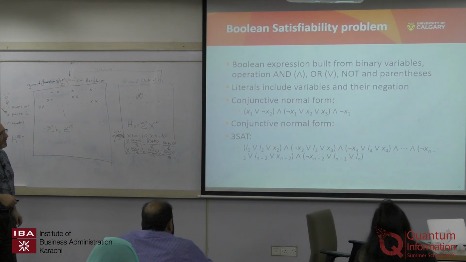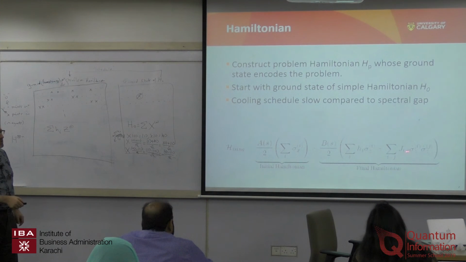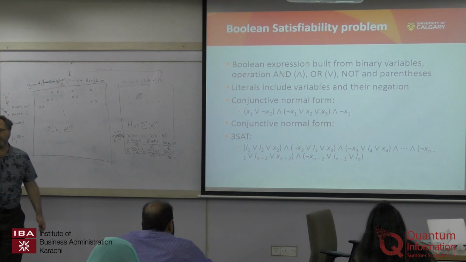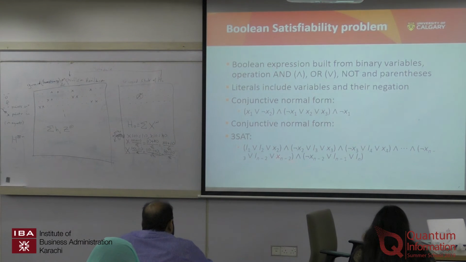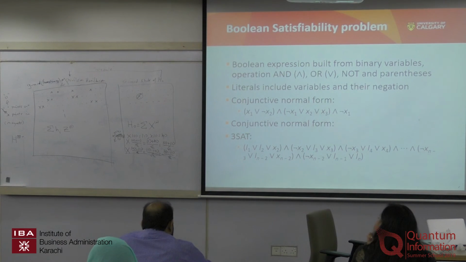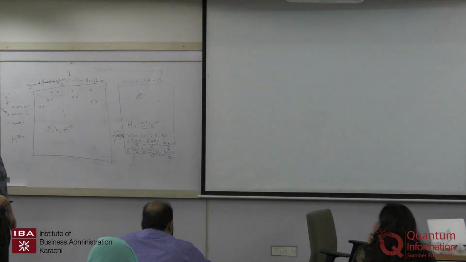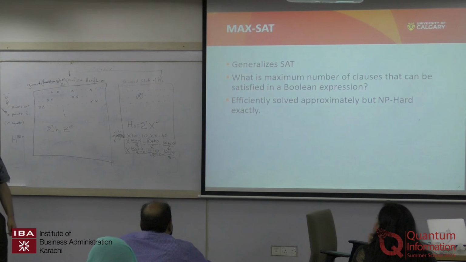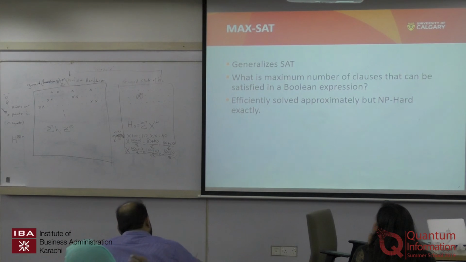The analogy with these coefficients is, imagine that you could put a coefficient in front so that some clauses are more important than others. If you could vary the weight of the clause, that becomes a weighted SAT problem. But in between, it turns out that we don't have to solve the satisfiability problem. There's a version called MaxSat. So the computer scientists in the room, do you know MaxSat? Yeah?